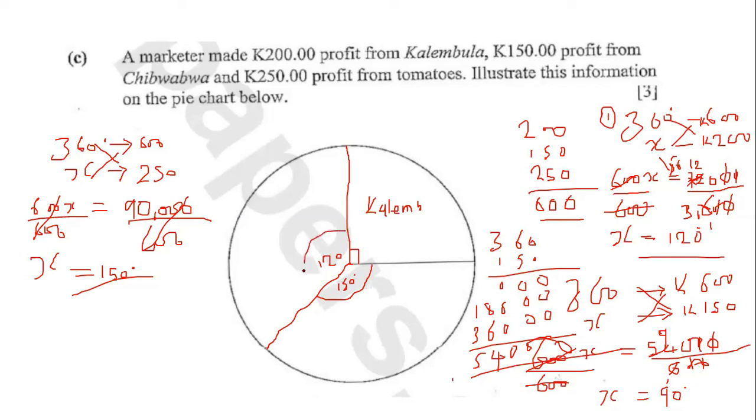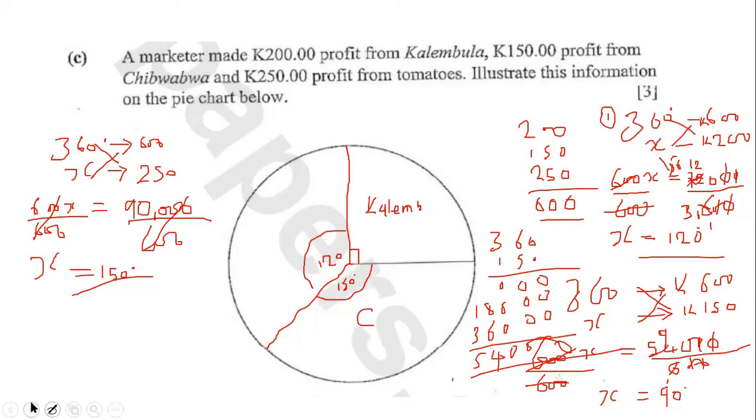So these are the angles that you're going to have. So this 150 degrees here, this is the Chihuahua. So I'll just write Chihuahua. See there. So here the 150 is actually for Chihuahua.